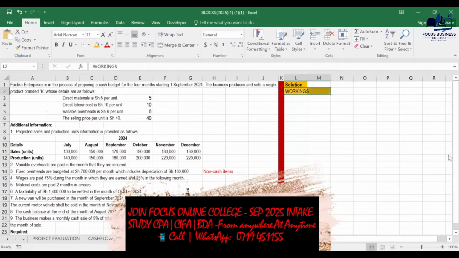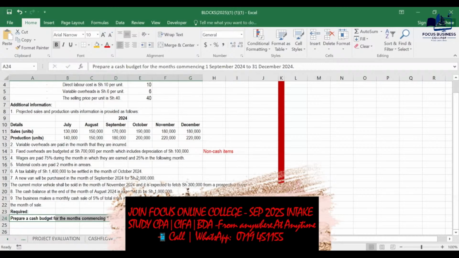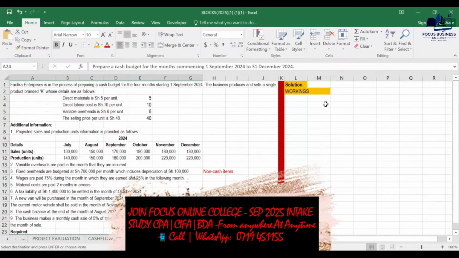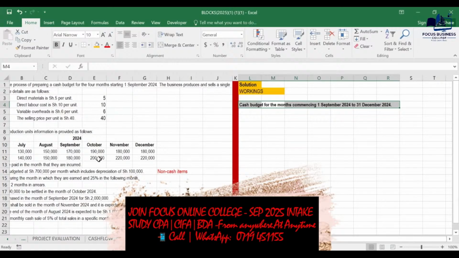First of all, let's come up with the format of our cash budget. I can basically borrow this one here. I copy. So we are required to prepare the cash budget for the month of September all the way to December.